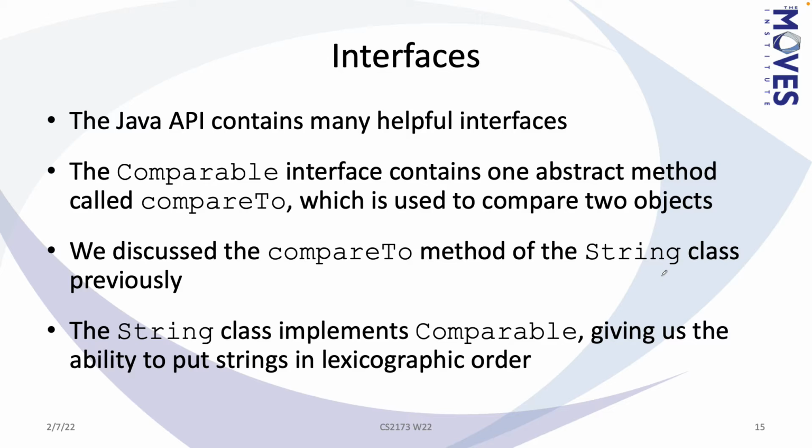Say I have a pile of numbers and I want to sort them from smallest to largest or largest to smallest. It's very easy to see how you would do that. You look at the numbers and see which one is bigger. There are good and not so good algorithms for doing that, but the concept is very straightforward. All you need is, if I have two of these things, can I decide which one is bigger than the other? That's really all you need.